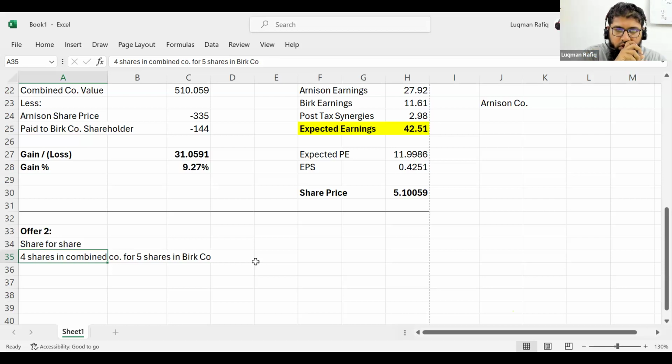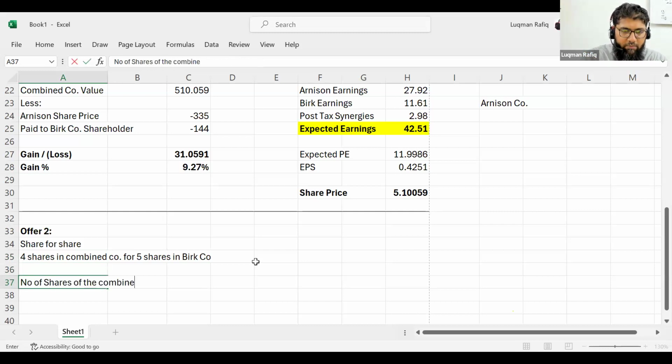So what would happen? Just think about it. First of all, I'll calculate the value. I'll calculate the number of shares of the combined company. How do we do that? Number of shares of Burke purchased.